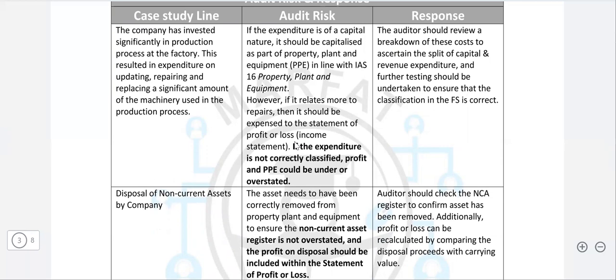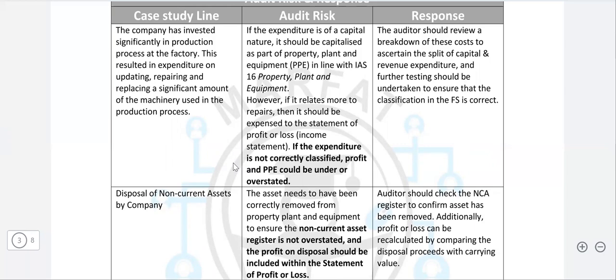So the first thing is: the company has invested significantly in production process at a factory. This resulted in expenditure on updating, repairing, and replacing a significant amount of machinery used in the production process. Now we know the machinery used in the production process is property, plant, and equipment because these are assets for business use.